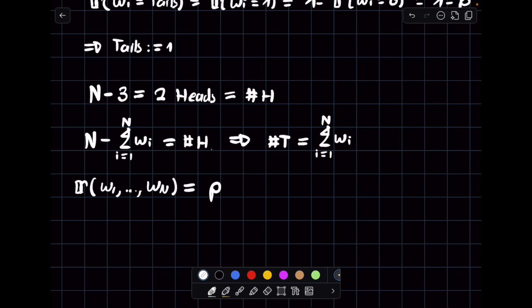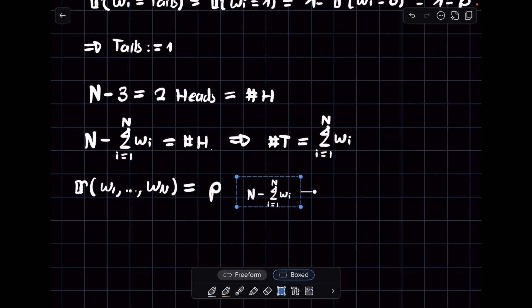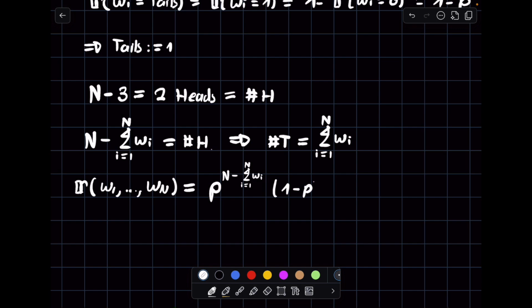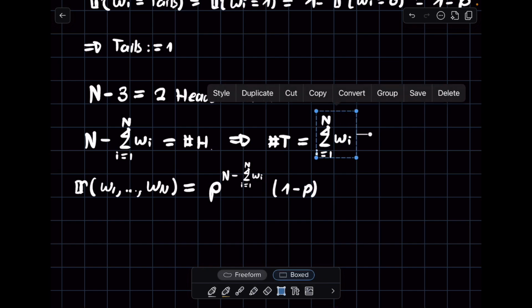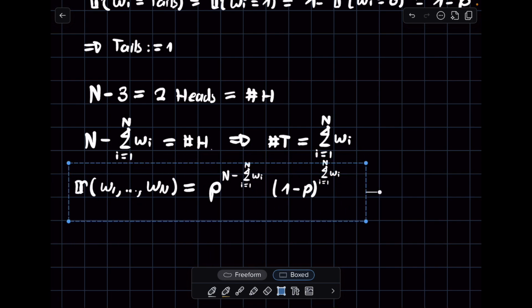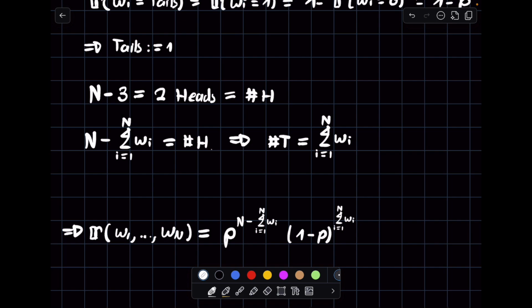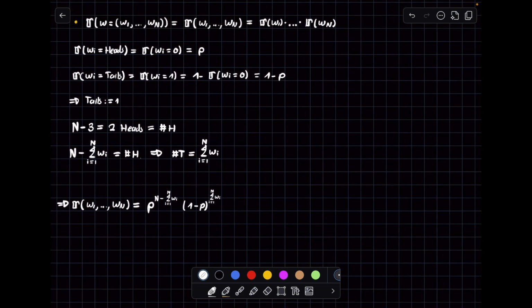And how many heads do we have? Well, it's going to be just N minus this. We can just copy it, duplicate it. We don't even have to write this. We can just put it over here. And then we do 1 minus this little guy over here. And that's simply going to be the number of, so to speak, things. And we have finished denoting our probability space, right? That's it. That is pretty much it.